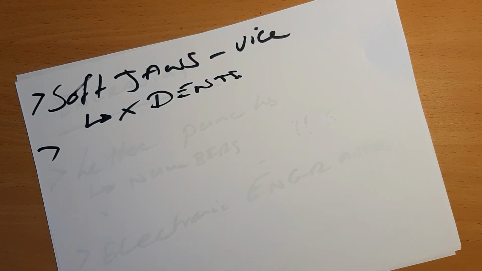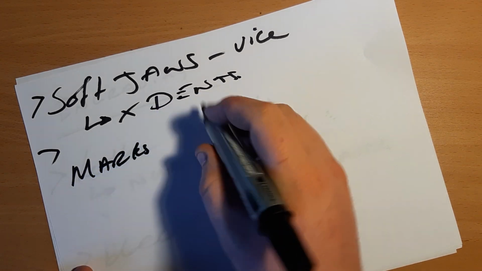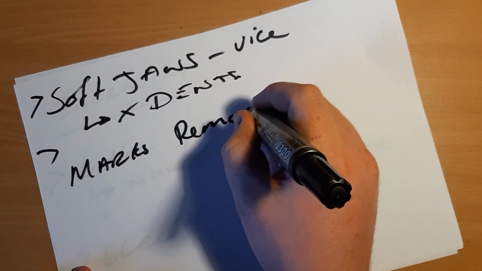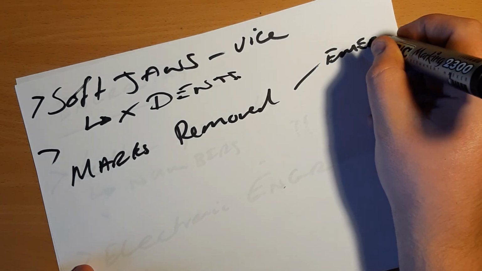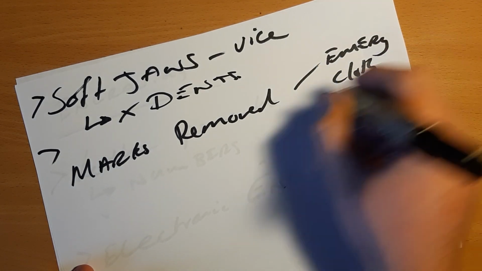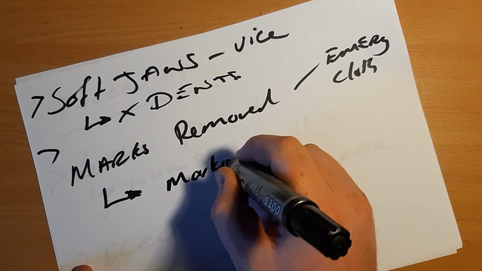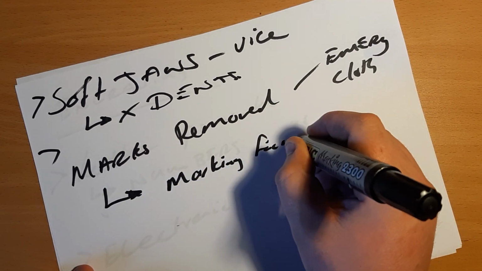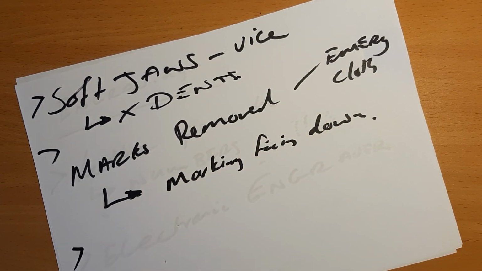Again, you're going to think of things like all markings removed using emery cloth. Another thing you can do there is have the markings facing down. There's no other issue there.